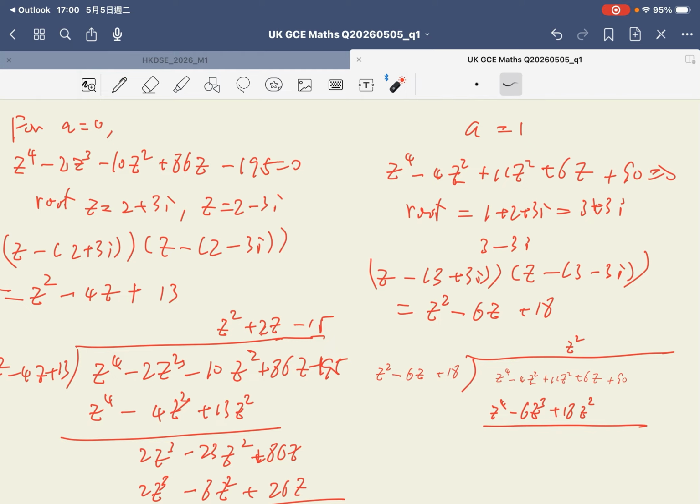Because if you use a equal to 1, then the equation of the degree 4 polynomial should be this one.